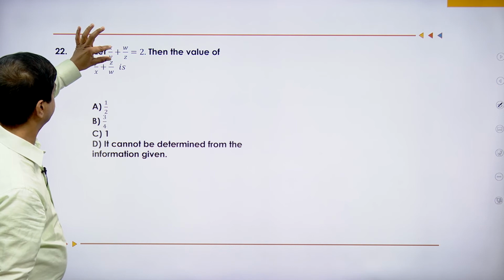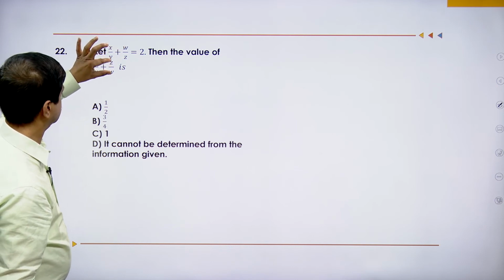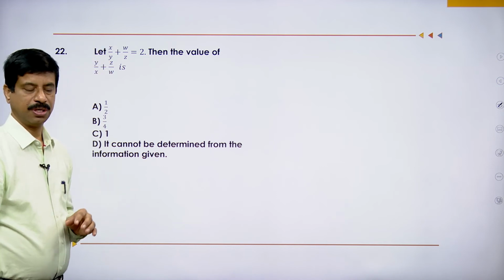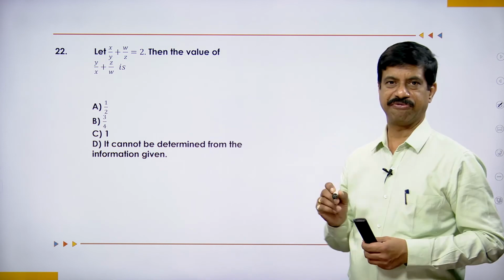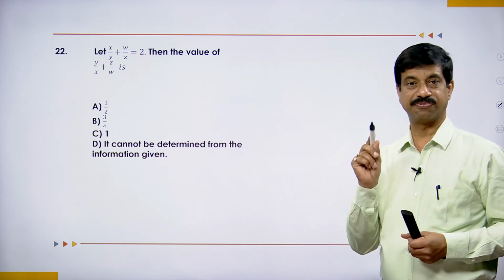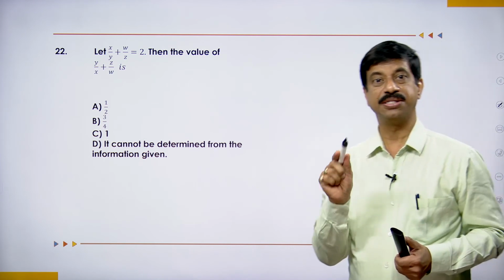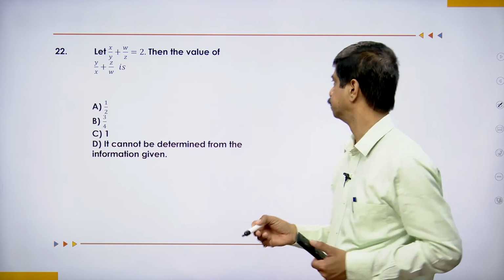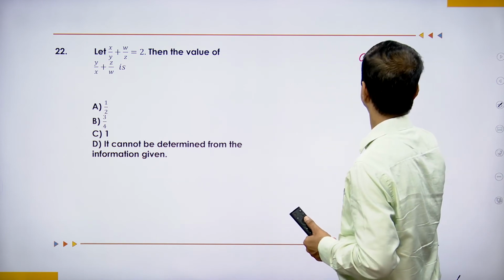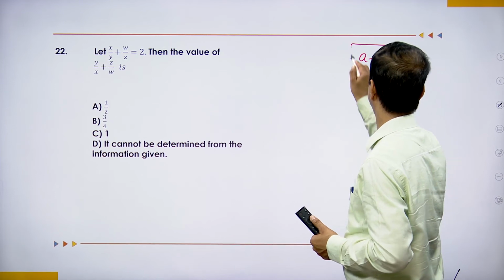This is x by y, this is y by x. This is w by z, this is z by w. Whenever you have the a plus 1 by a form, the minimum value of a plus 1 by a is 2. So a plus 1 by a is always greater than or equal to 2. Means minimum value is 2.